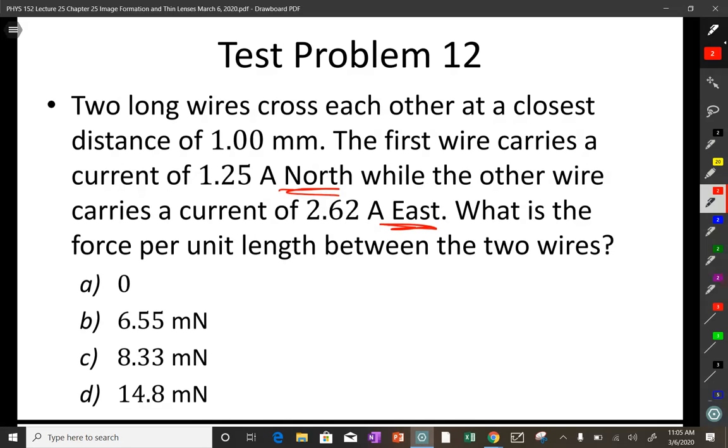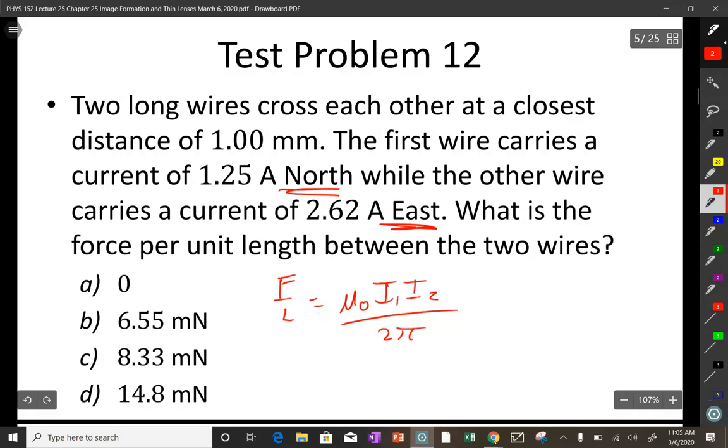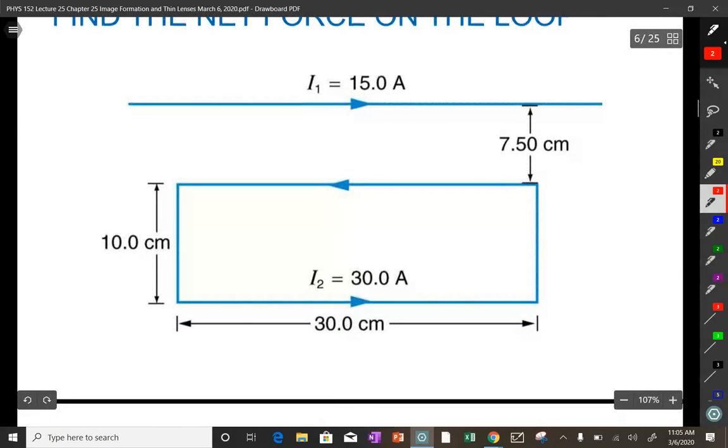That's right. A lot of people just use this equation, but this equation does not apply. When does that equation apply? Only when the wires are parallel. If they're not parallel, then you have to do just like we did in this problem in class.